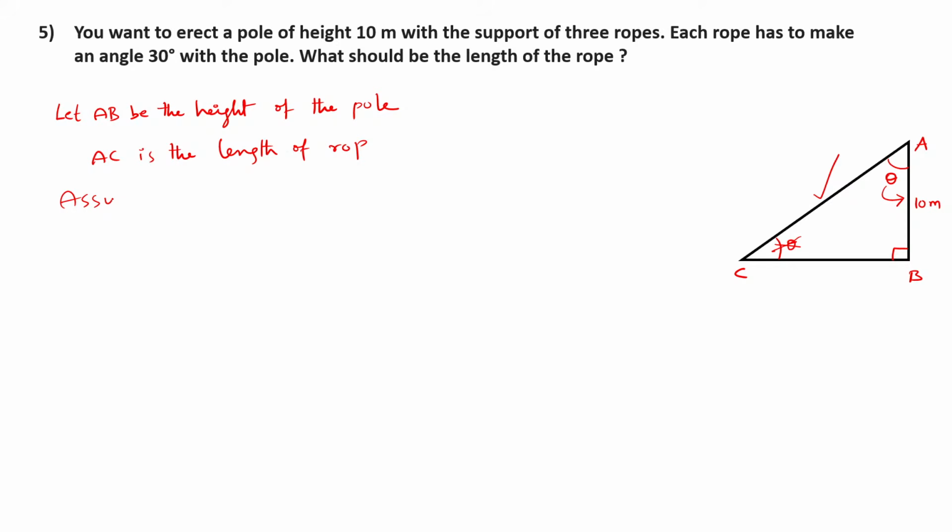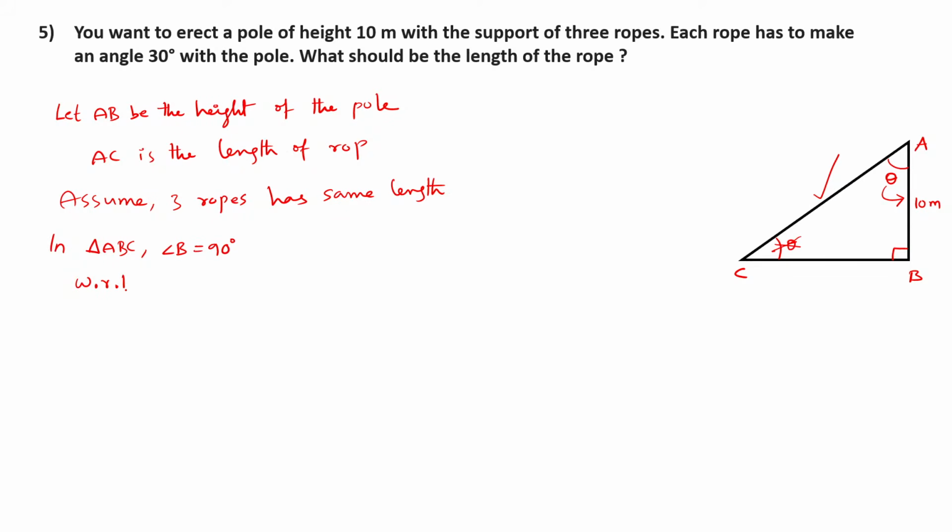Here we need to take this condition: assume three ropes have the same length. That is the important assumption. So in the triangle ABC, which angle is 90 degrees? Angle B is 90 degrees. It became a right angled triangle.